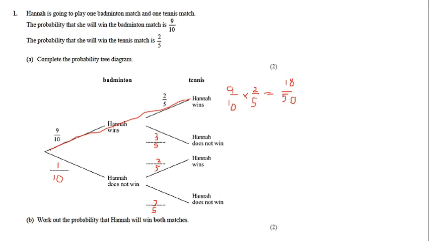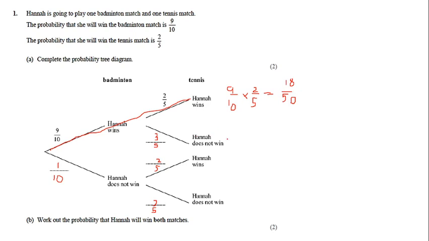Okay, so the probability that she wins both matches is 18/50, because that's the only one where she wins both. Everywhere else, she loses one of the matches. Yeah, you don't have to reduce this fraction. 18/50 is fine to say.